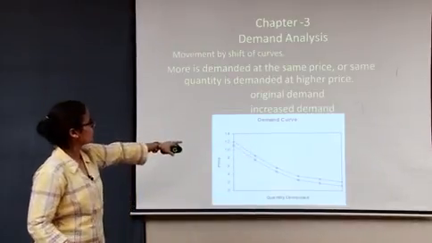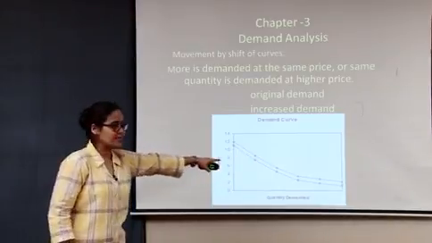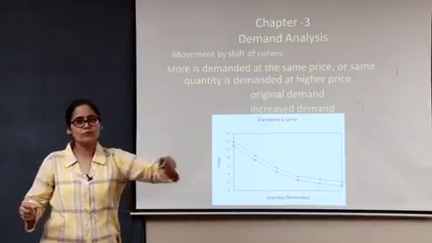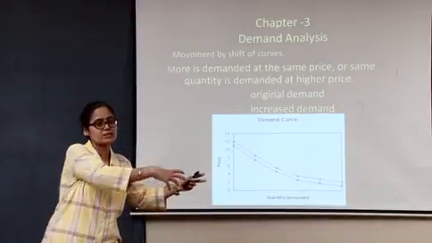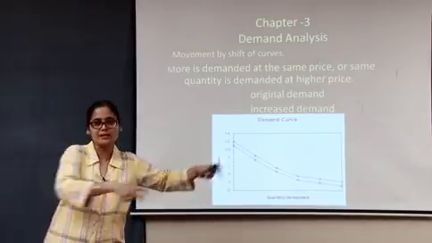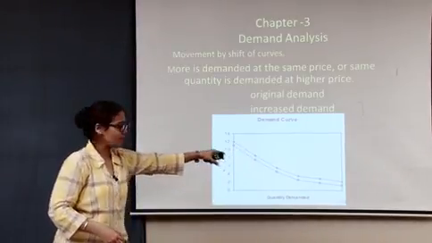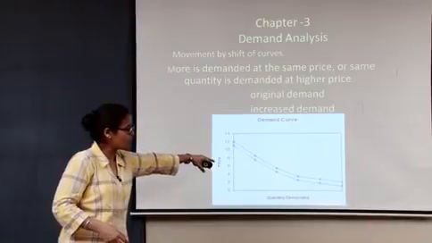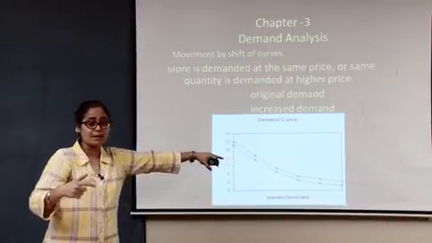So we call it expansion of demand. Demand extension. You have a wire extension, an electricity extension; you increase it. So it's a demand extension, demand expansion. So expansion will be moving downwards towards the right on the same demand graph.